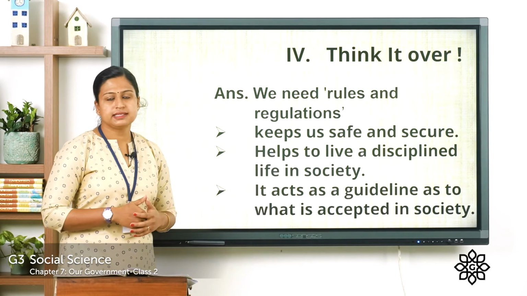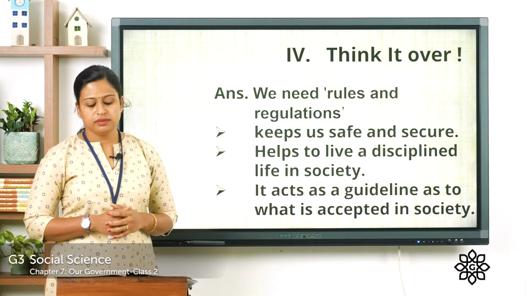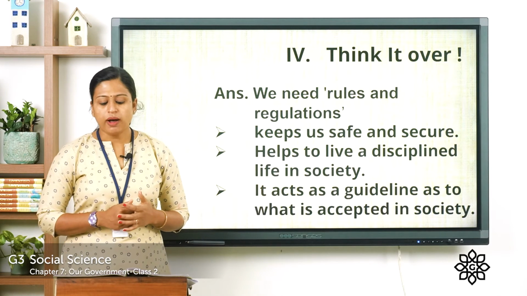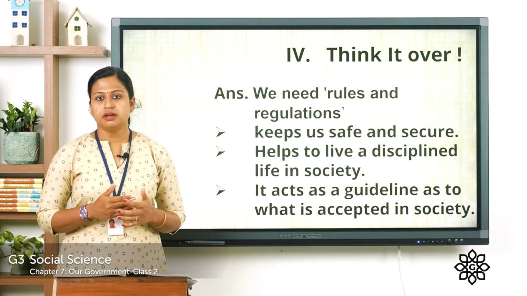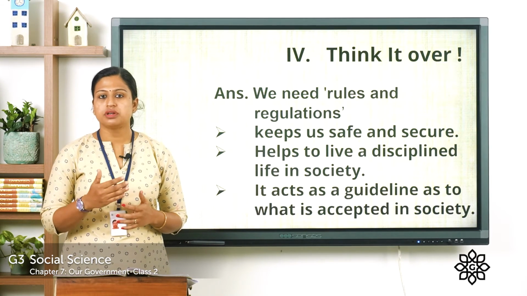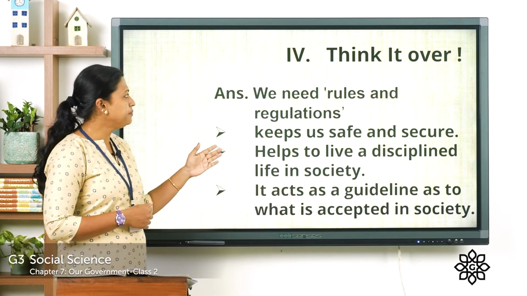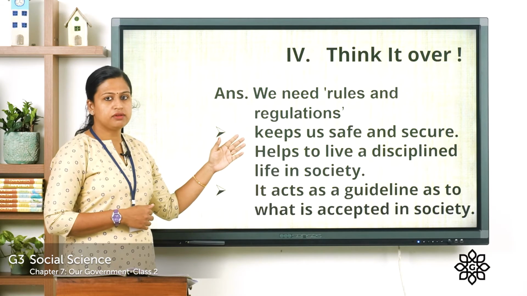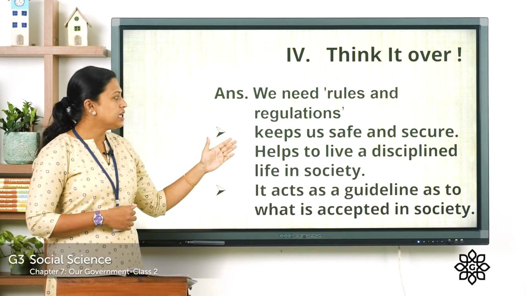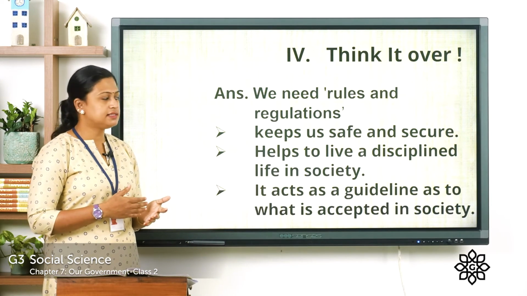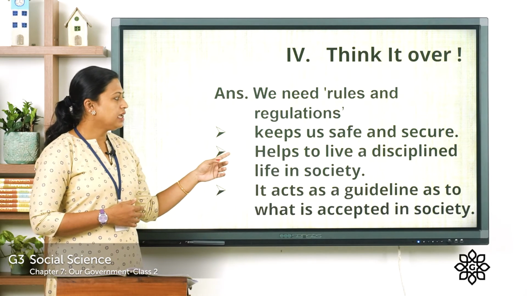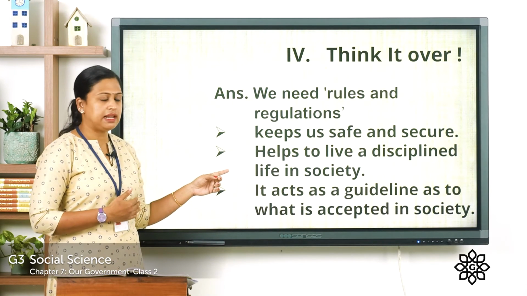Now, the next exercise is think it over. The question is, why is it important to have a set of laws to govern a country? And you can see the answer here. We need rules and regulations because they keep us safe and secure. Second, it helps to live a disciplined life.